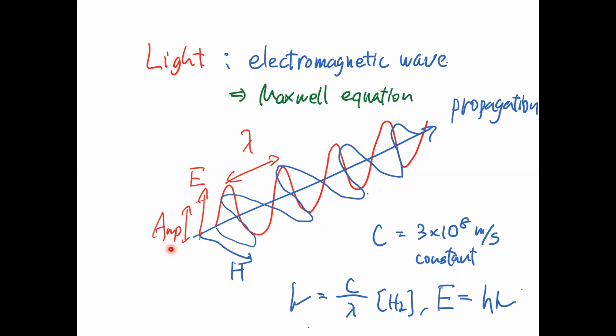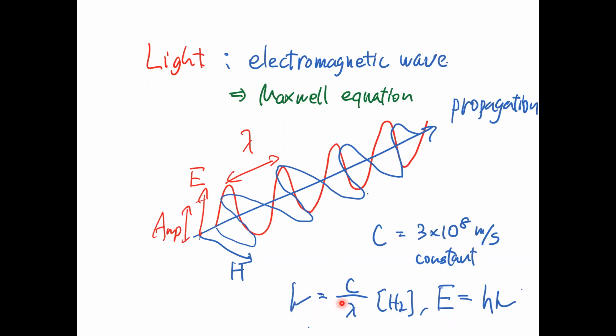These two are the necessary parameters if you need to define what kind of light you are using. Light is a type of wave, but quite special, because among wave phenomena only light has a constant velocity, which is 3 times 10 to the 8 meters per second. That's why we frequently need the frequency of the light or energy.